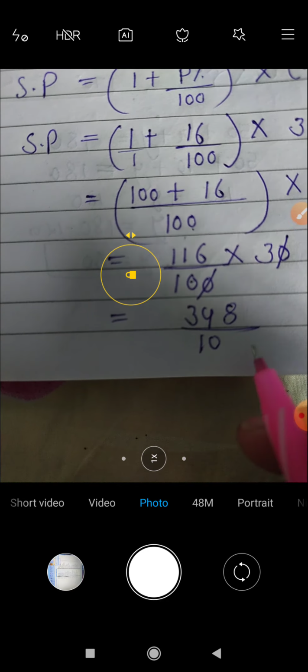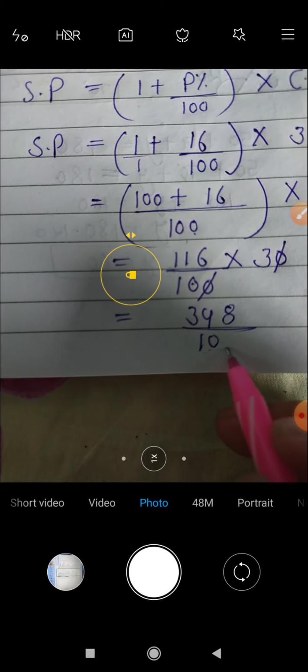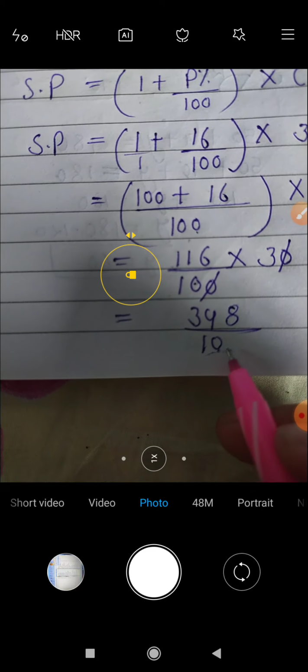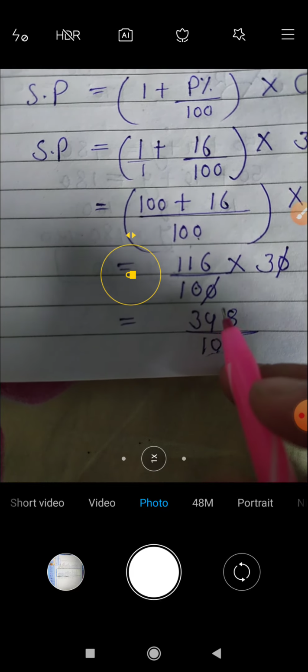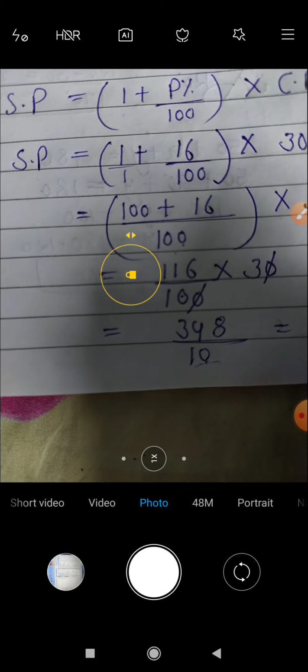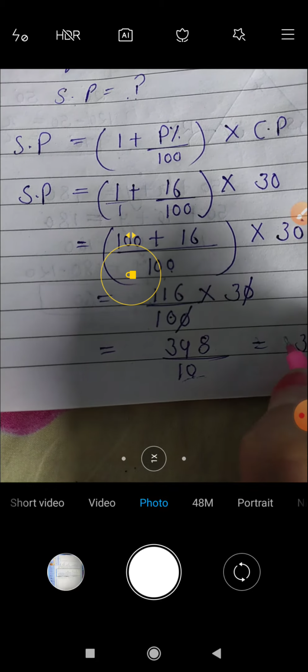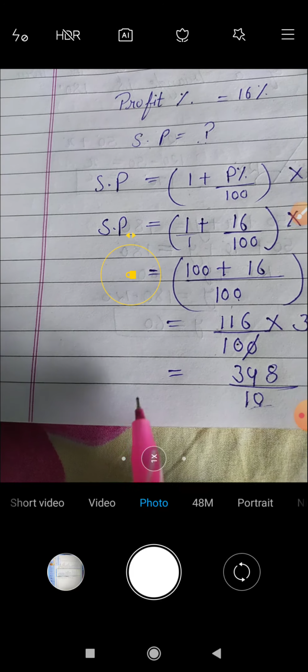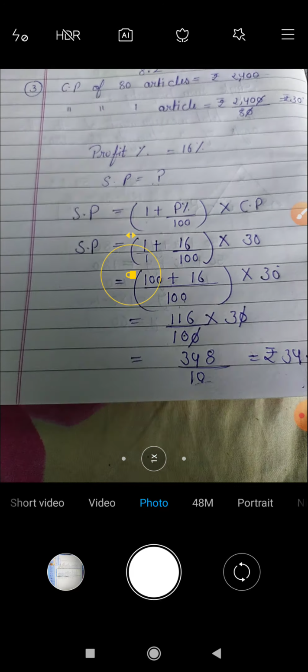So we have 10 in the denominator, so we can put the decimal one digit from the right side in the numerator. So we have 34.8 rupees. It is the selling price of one article.